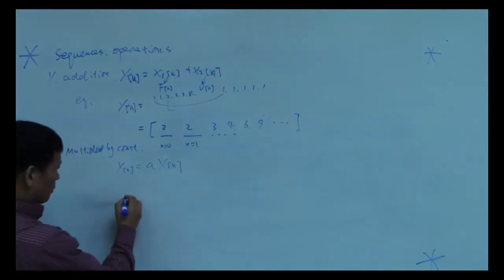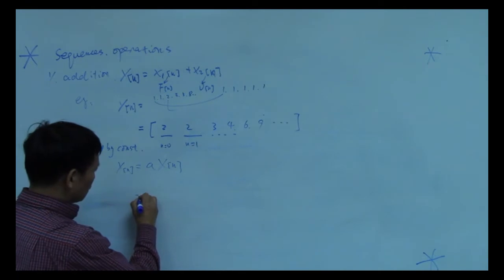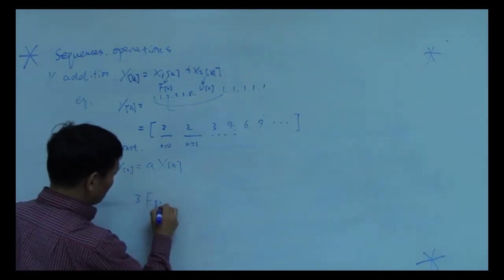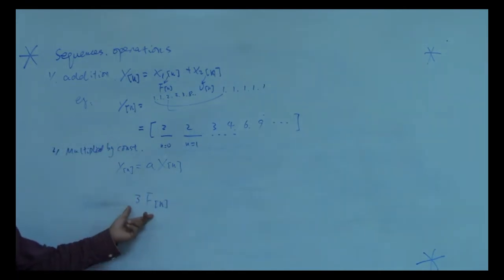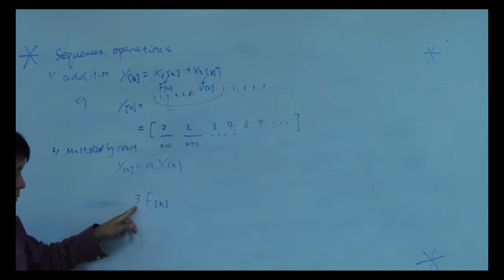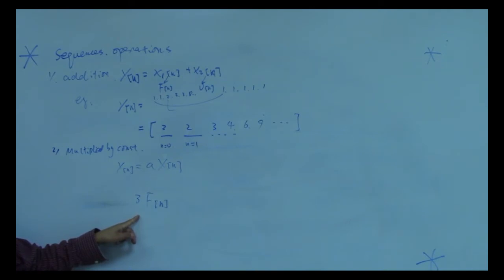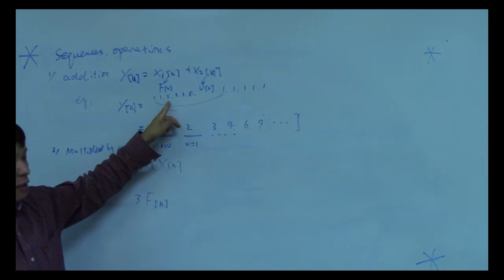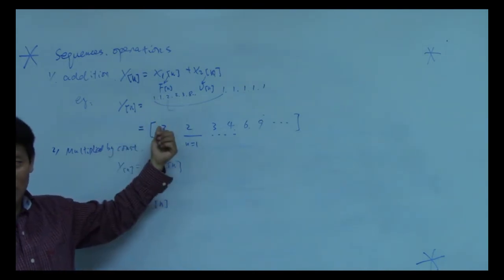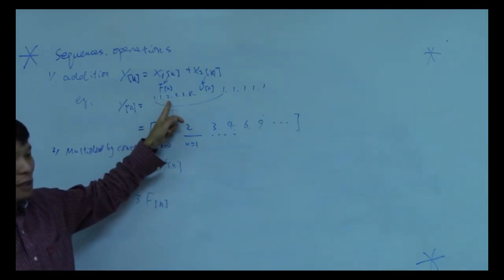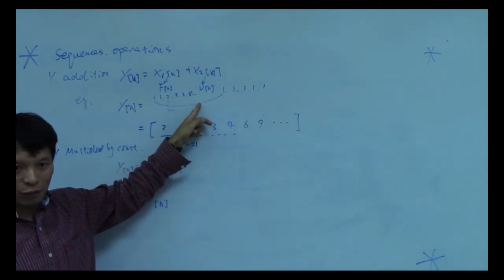Right? So for example, what is 3 times the Fibonacci sequence? Can you tell me what this one is? 1, 1, 2. Times 3. 3, 3, 6. Just look at this. They multiply by 3 to each value, right? 3, 3, 6, 9, 15, 24, and so on.